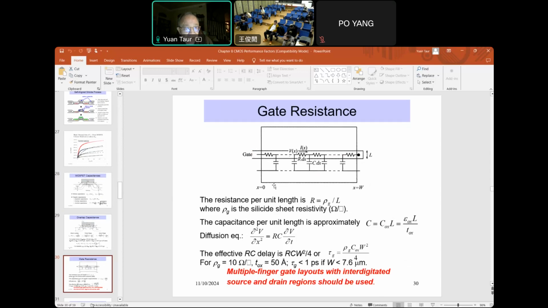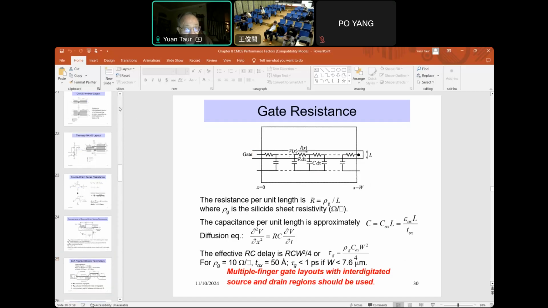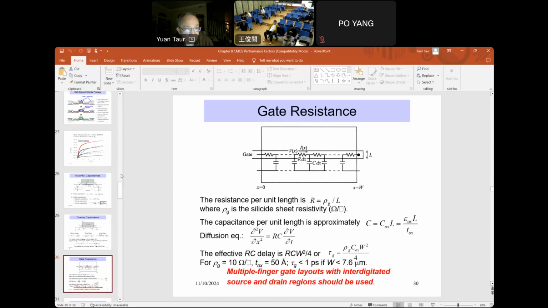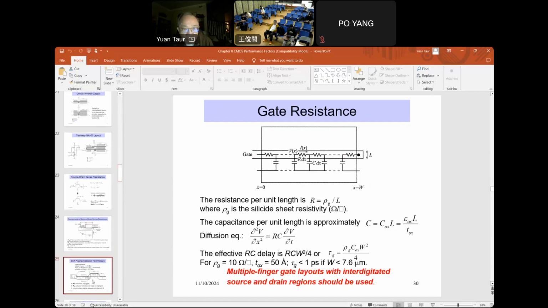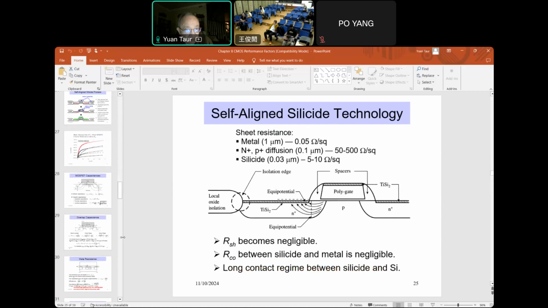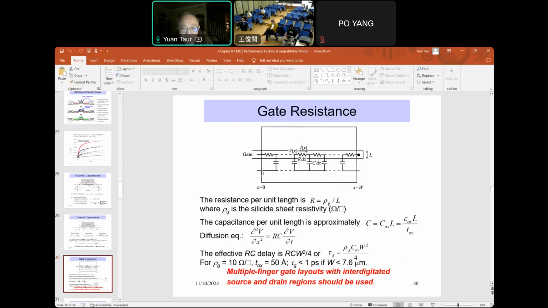Okay, let's go back to the self-aligned. With self-aligned silicide, you form silicide over the gate, and that helps the gate resistance a lot, because otherwise you have polysilicon, and that's even worse than source and drain resistance. Okay, so with silicide, but still it can be a problem if the width is too long.